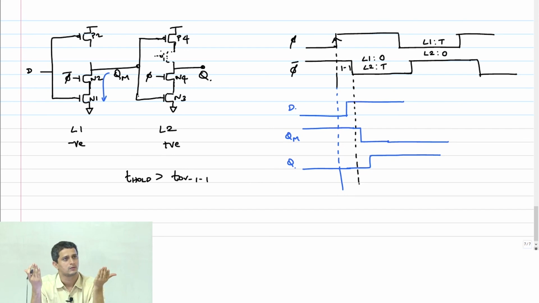It's transparent. That's why you have to very carefully analyze what happens after the overlap period. During the overlap, it's okay sometimes to allow data to go through a little bit, but it depends on what happens after the overlap. If L2 becomes transparent, then you have a problem. Any questions here?